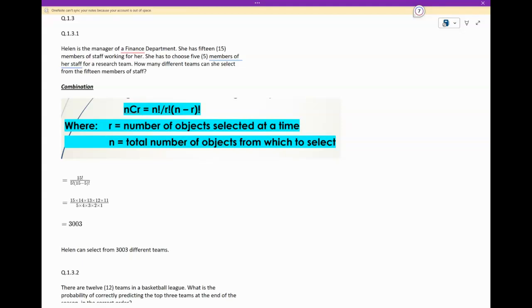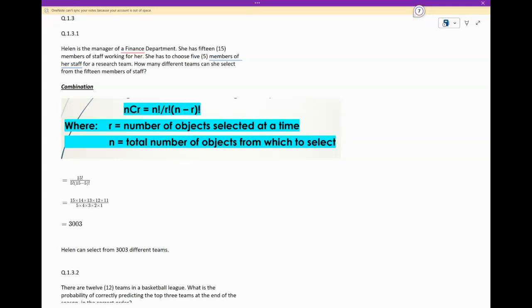Can you see order doesn't matter here? The difference between combination and permutation is order. With permutation, we are concerned about the order. With combination, we don't care. We just want to know how many different groups of 5 members for research we can have.